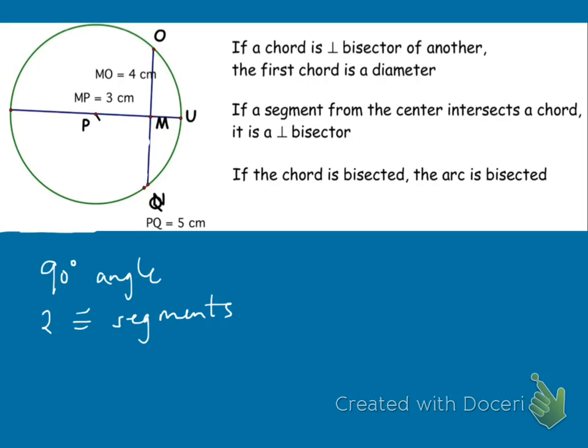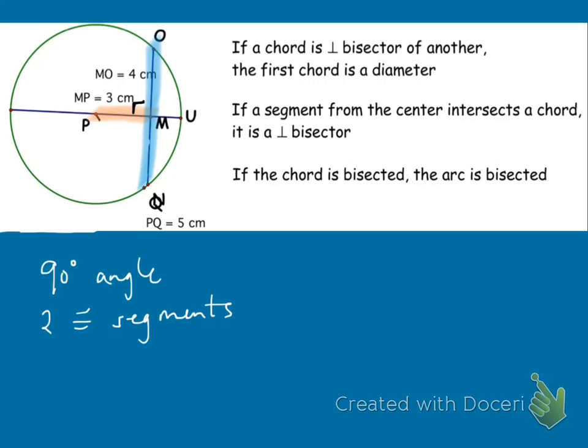Now, also, if a segment from the center intersects a chord, then it is a perpendicular bisector. So if this segment here, PM, intersects with this chord, ON, what you're going to create now is a perpendicular bisector.